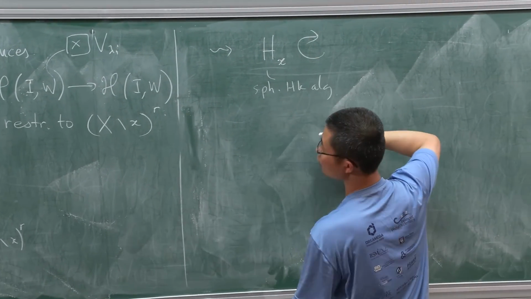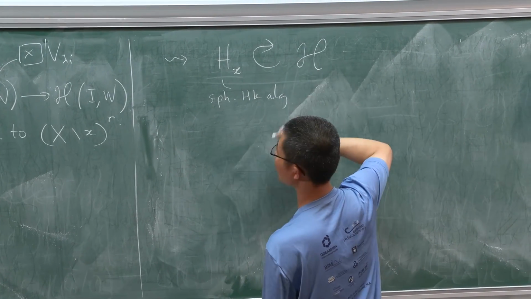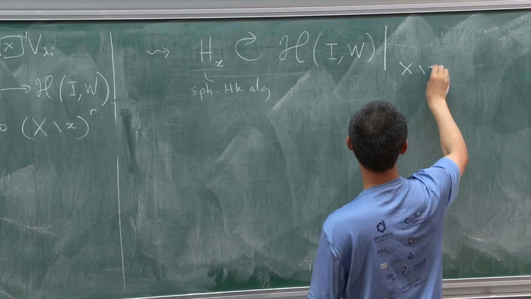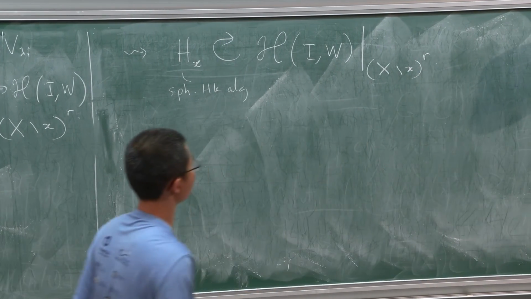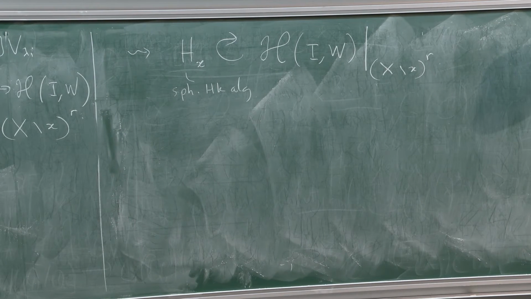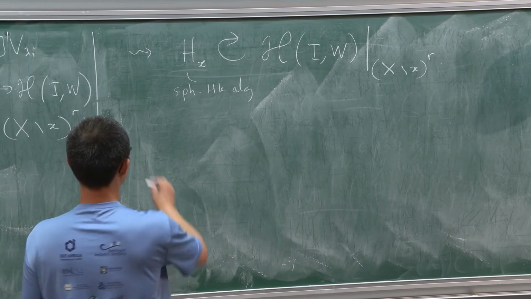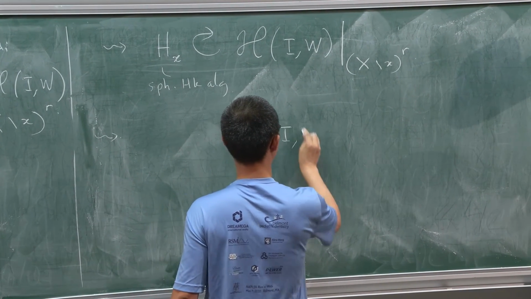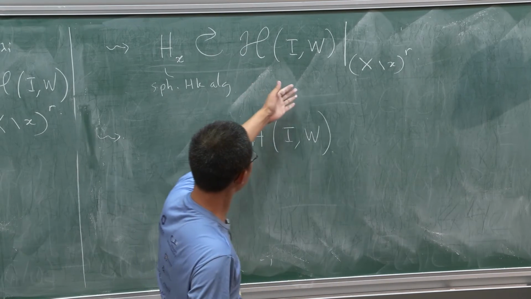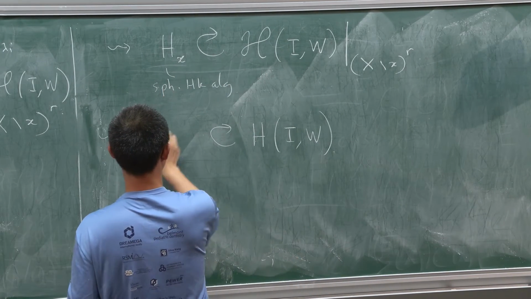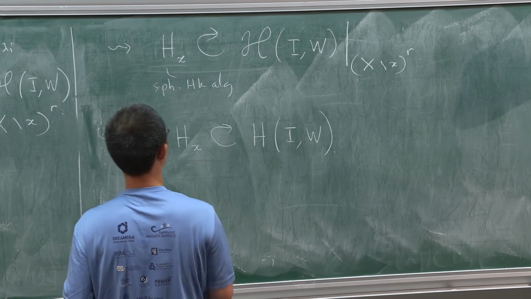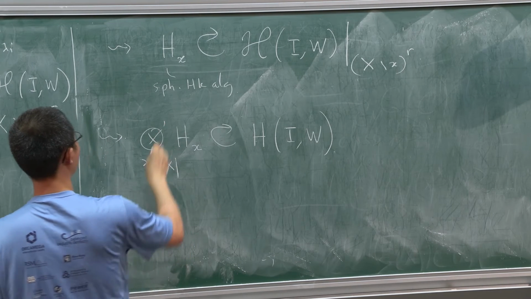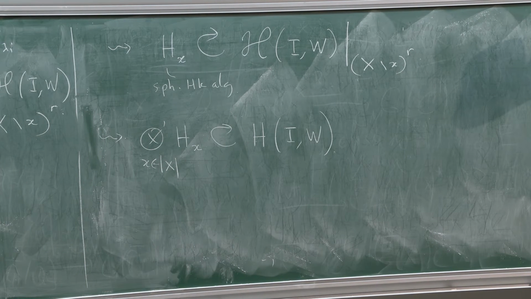This algebra is acting on the curly H I W for any W restricted away from X. And if you restrict to the generic fiber, then the whole global spherical Hecke algebra can act.